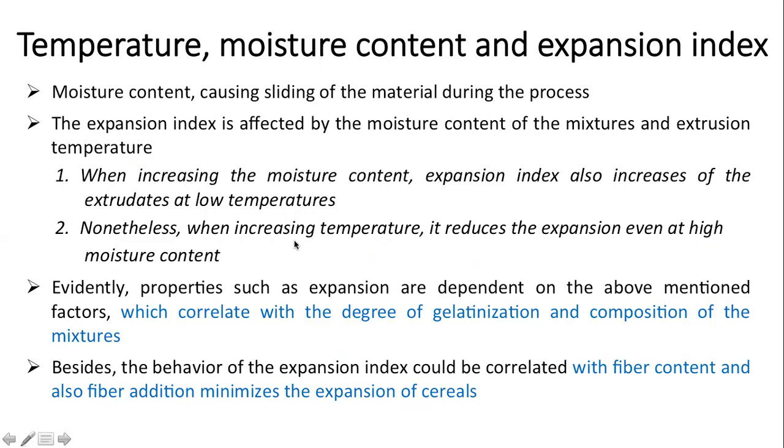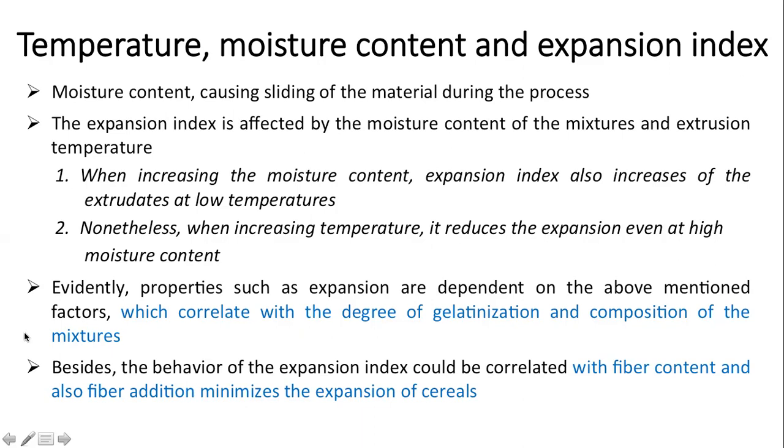I have explained in the previous slide. So if it is not clear, then you can read it again. Right? And there are two more factors. Evidently, properties such as expansion are dependent on the above mentioned factors, which correlate with the degree of gelatinization and composition of the mixtures.